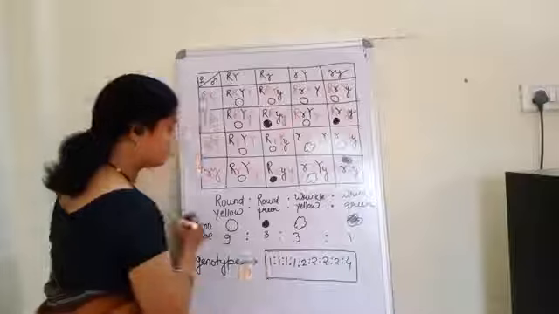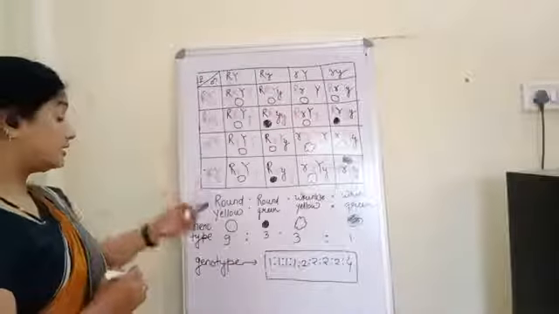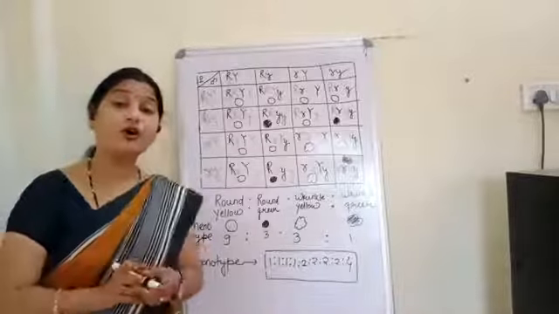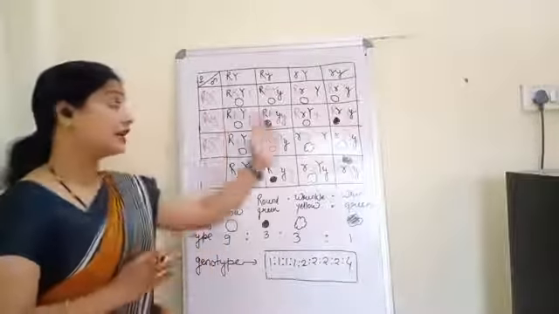This will be the genotype ratio. Clear? So this is called as law of independent assortment or dihybrid.